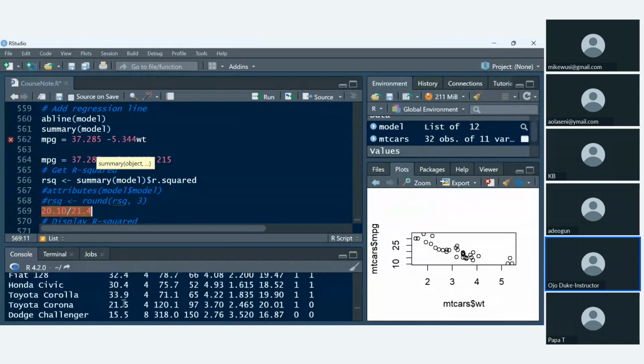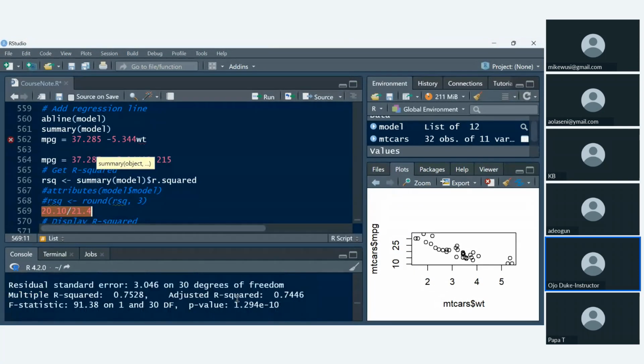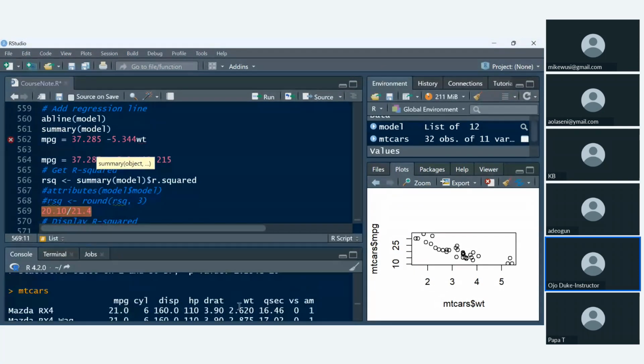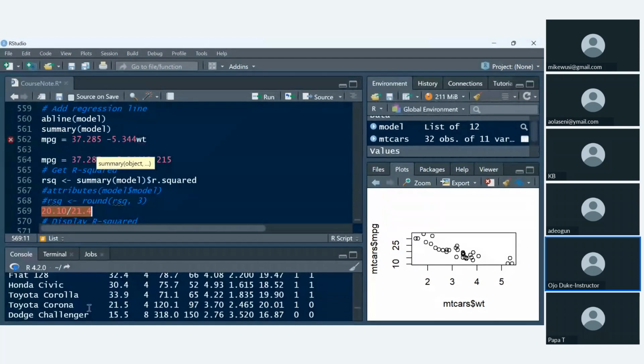We may want to try one more for these higher ones. This one, Toyota Corolla, the MPG is 33.9. Very good. This is the weight side. The MPG is 33.9, but the weight is 1.835. So let's change this to 1.835.